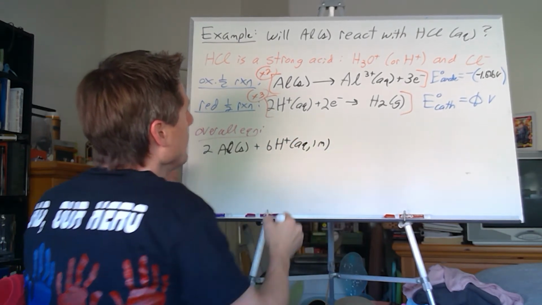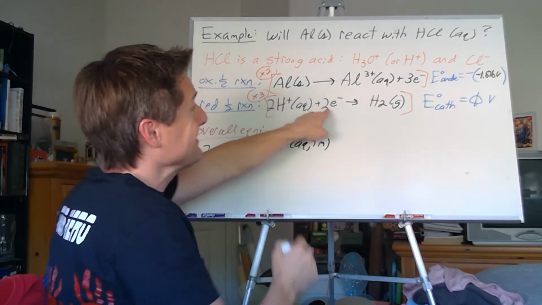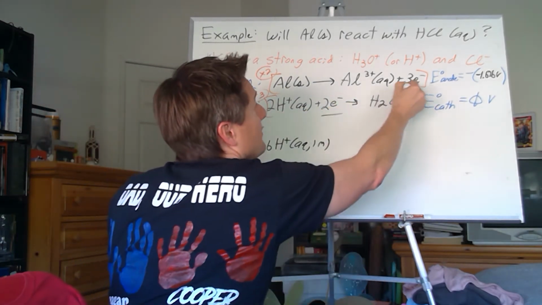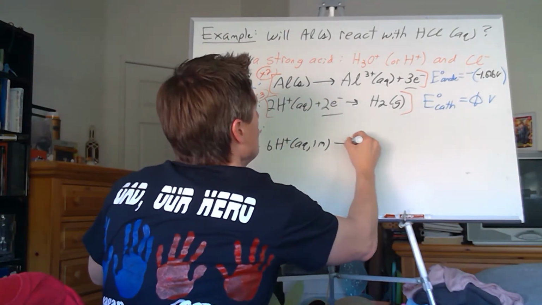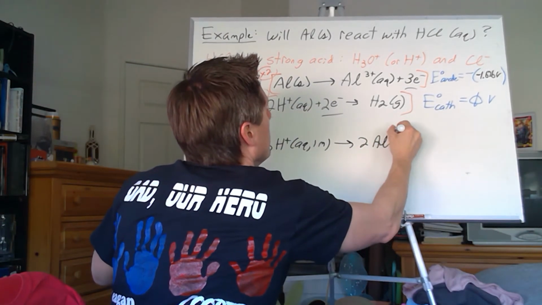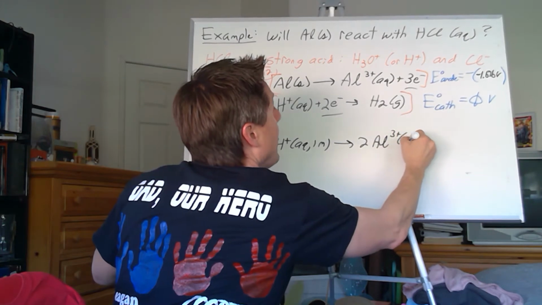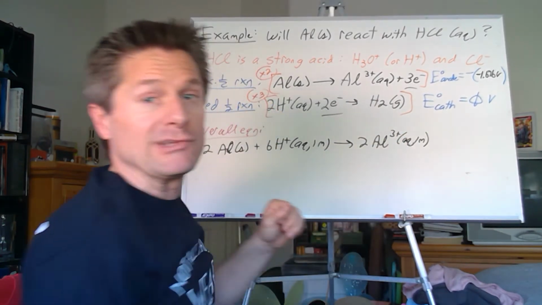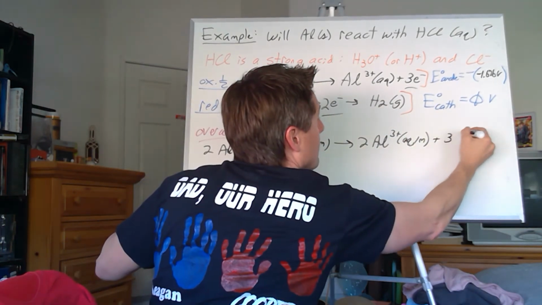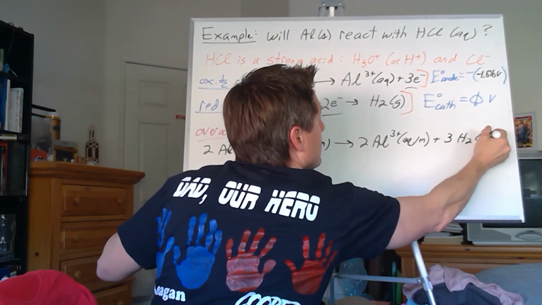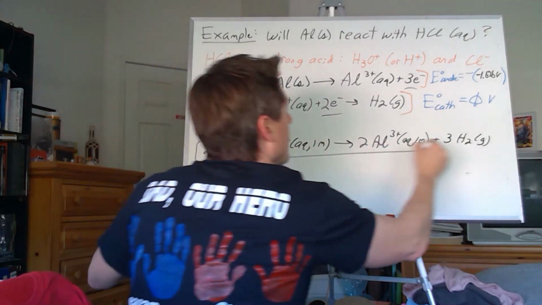This will be 1 molar. 6 electrons, that'll cancel out those 6 electrons there. That's the whole point. We're going to get 2 aluminum ions here, and that'll be 1 molar because we're at standard conditions. Let's see, 3 times 1 is 3 hydrogens. So here's our overall equation.